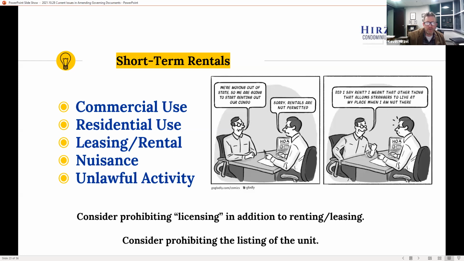One of the reasons this is here is that the Michigan legislature just passed, the House did, not the Senate, HB 4722, which, if it gets to the Senate and is signed by the governor, would severely limit the authority of townships to be able to impose restrictions on short-term rentals in communities.